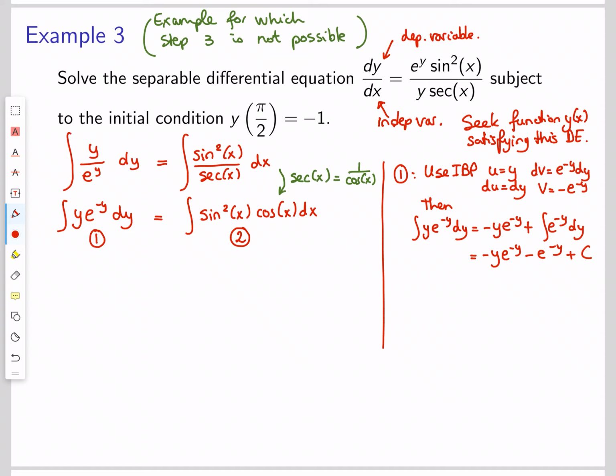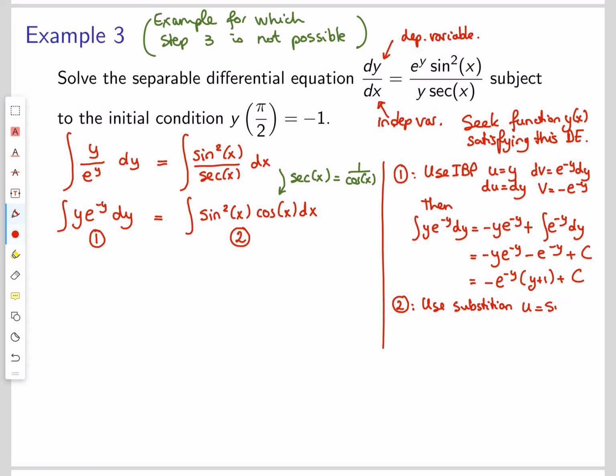Let me factor out an e to the minus y, so this becomes minus e to the minus y times y plus 1, plus that constant of integration. All right, so we've evaluated the first integral. Now for the second integral, I hope that you will see that you can use substitution here. So here we'll use substitution.